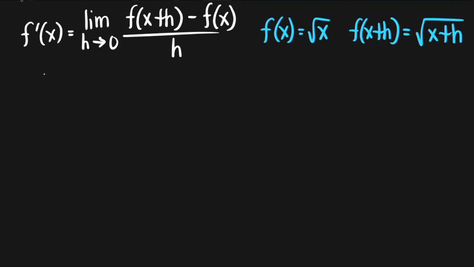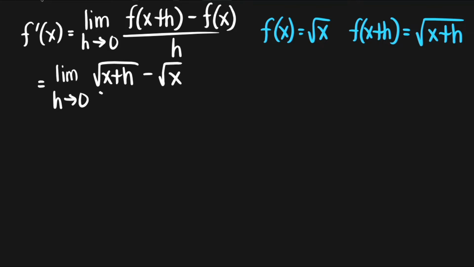Let's go ahead and substitute the square root of x and the square root of x plus h to the formula. The derivative will be equal to the limit as h approaches 0 of the square root of x plus h minus the given function, which is the square root of x, divided by h.